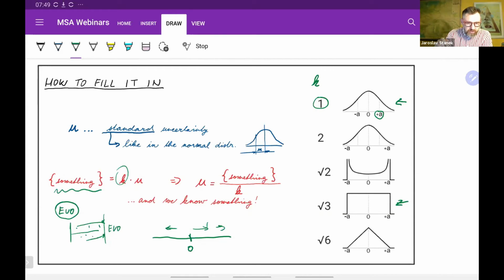The rectangular distribution, when we are assuming that there is some limit on the value, and any value from 0 to that limit to either side has the same likelihood of happening. And in that case, the k constant is the square root of 3.